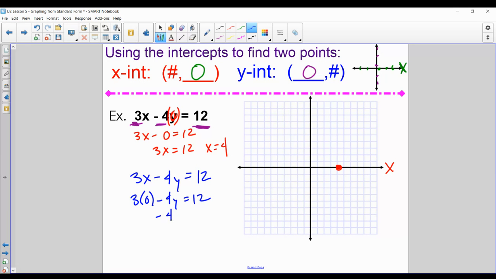So I have -4y equals 12. So y is equal to -3. I would come and I would plot that point, and then I can just draw my line through those.